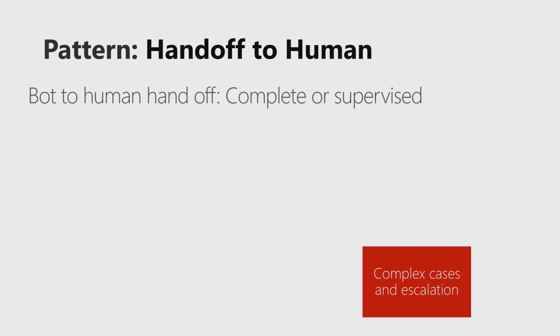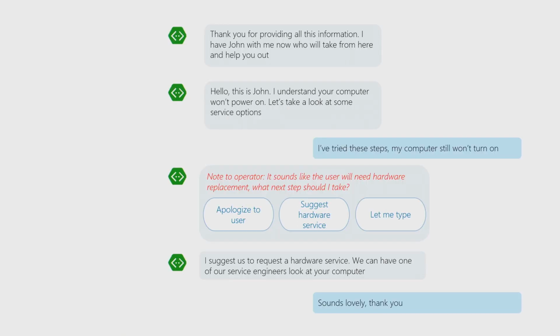Sometimes the user tried everything, so there is no solution that the bot can give. So we can escalate it to a human, to someone behind support. Like, this is John. I understand your computer won't power on. Let's take a look at some service options. After the bot tried some solutions and the user could not get an effective answer, then there is human interaction.